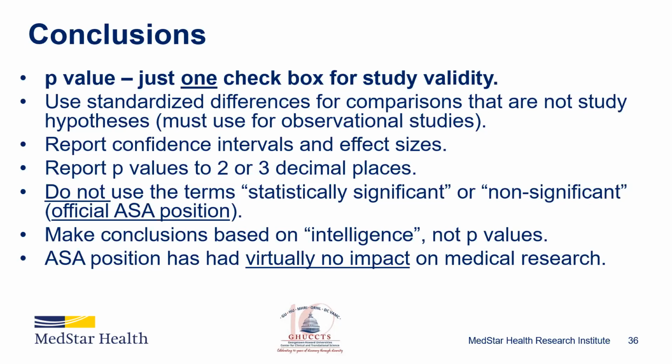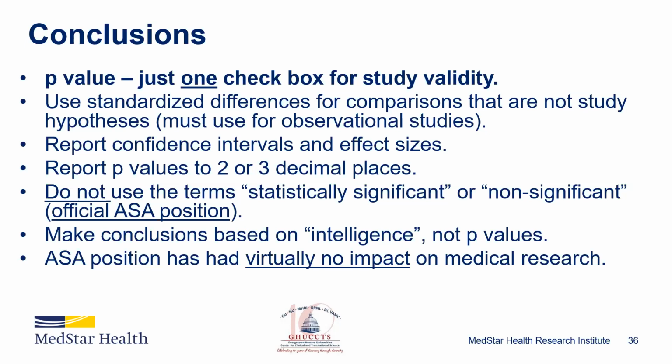And so when you make your conclusions in your study, think about what your study means, what the results mean. Don't just say there was a difference and our p-value was less than 0.05 or whatever it might be.